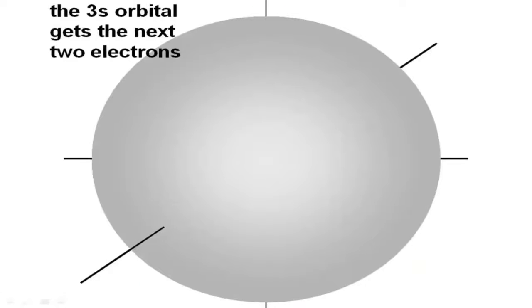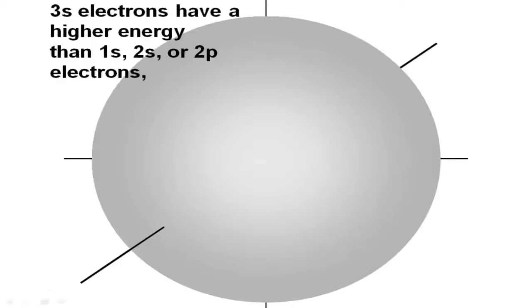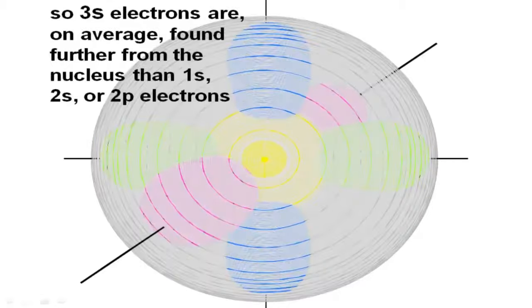So 3s has electrons that have higher energy than any of those other orbitals we looked at, and therefore the electron on average is further from the nucleus than the others, and it is larger than the 1s, 2s, or 2p orbitals and surrounds them. So we can see the other orbitals still exist inside the 3s orbital, and the 3s orbital with sodium is now able to start getting electrons.